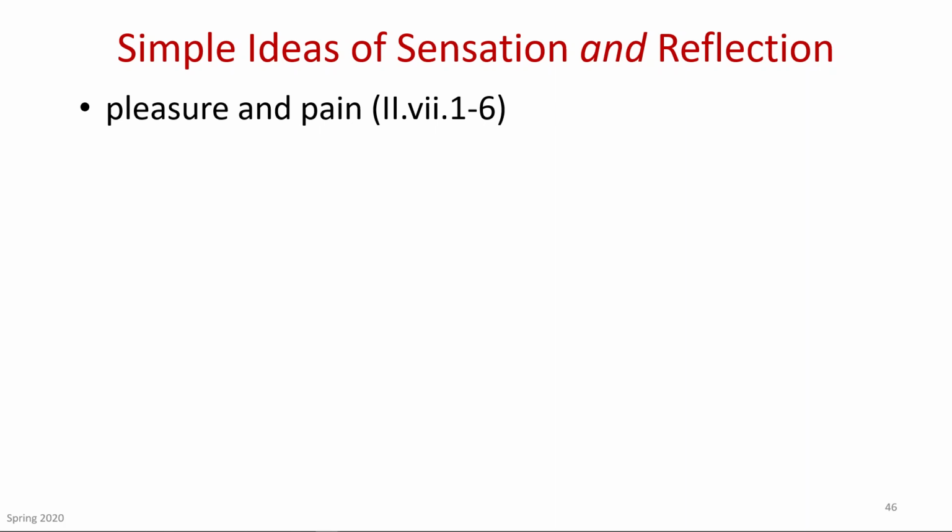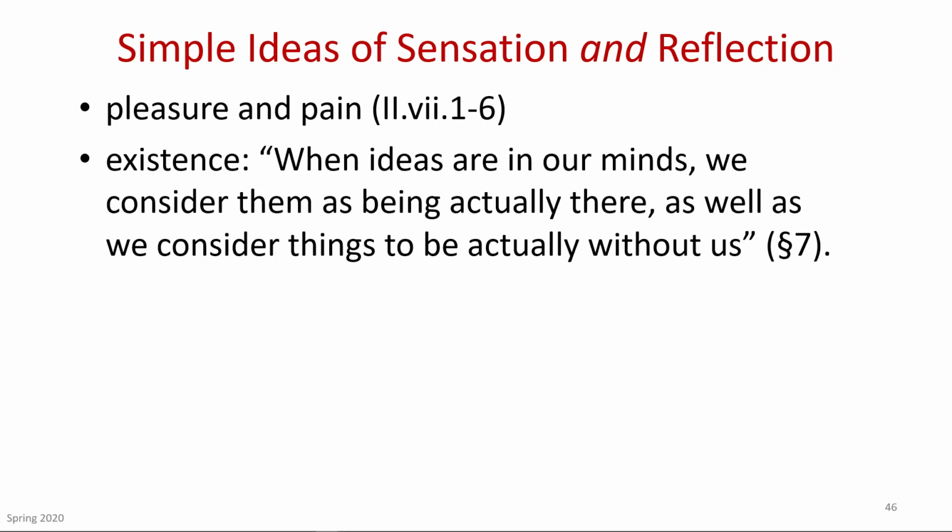A little more tricky to understand are some of the other ones. He says the concept of existence is a simple idea that we can get along with any of our other ideas. As he says here in section 7, when ideas are in our minds, we consider them as being actually there, as well as we consider things to be actually without us.